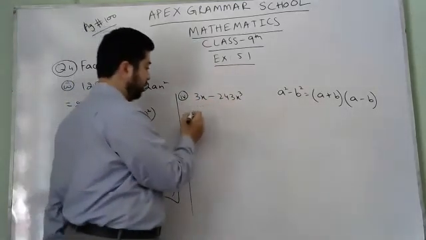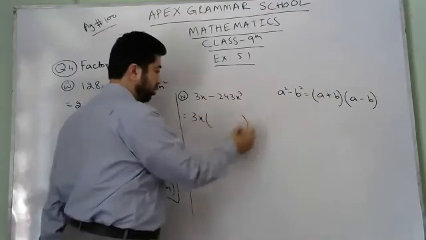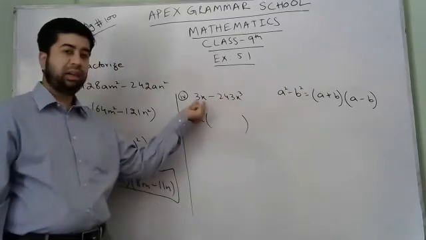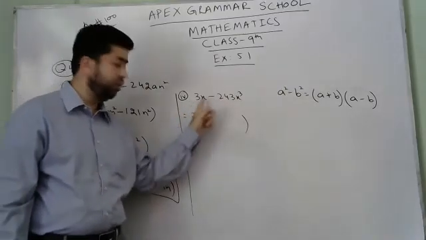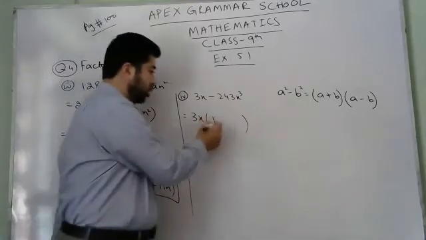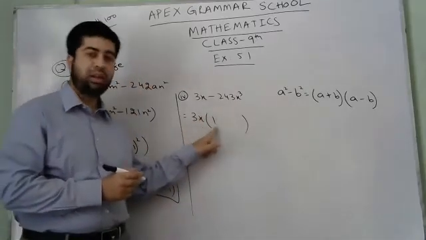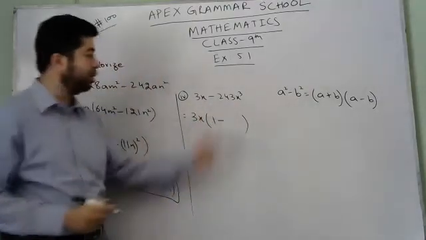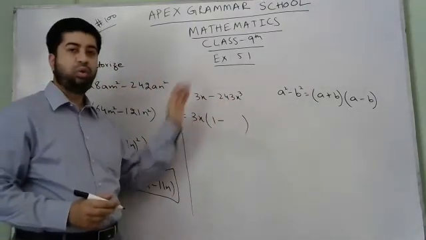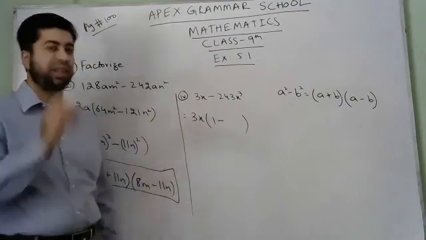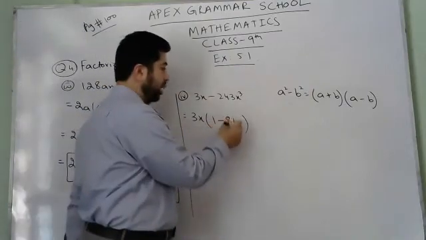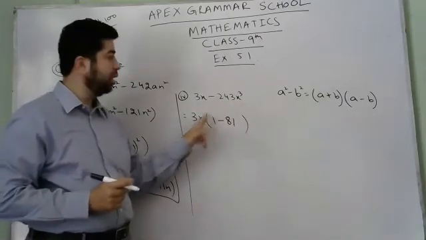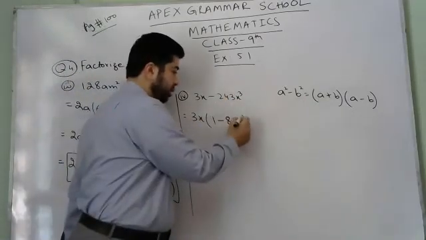So taking 3x common, after taking this 3x common, you can see that 3x is outside here. So what will be left here? 1, because 3x multiplied by 1 is 3x, and after that negative sign. So 243 divided by 3 will be 81. And from x cube, we have already taken x common and x square is left here.